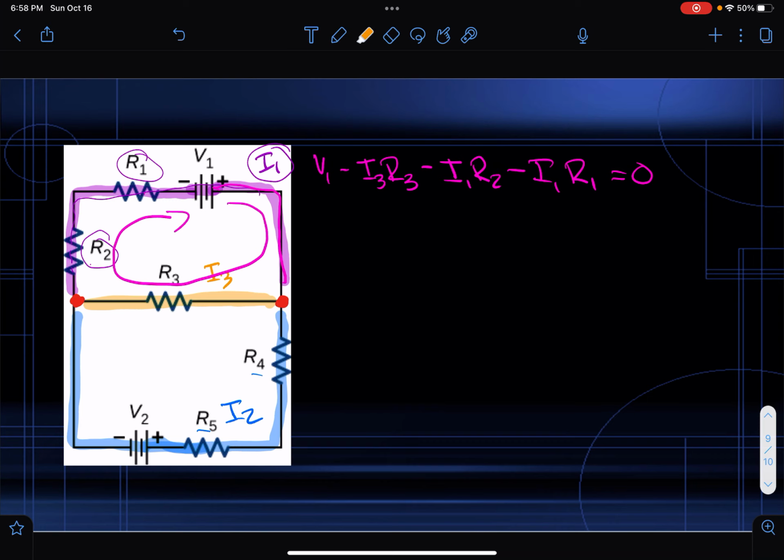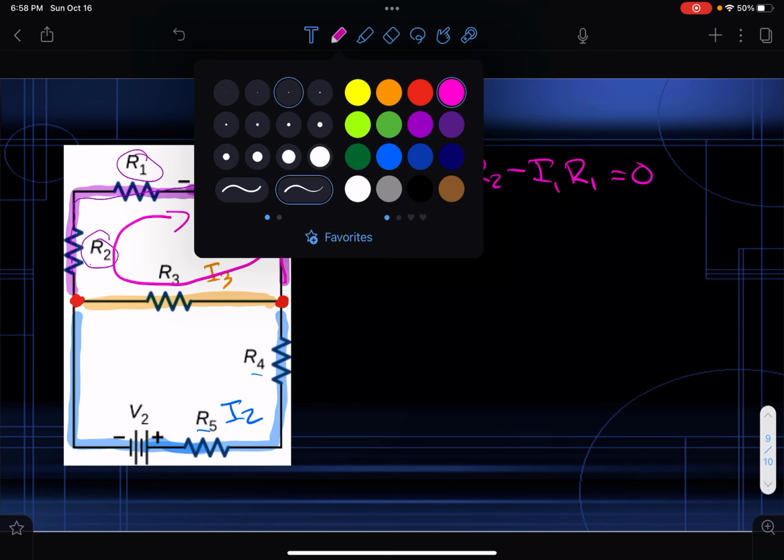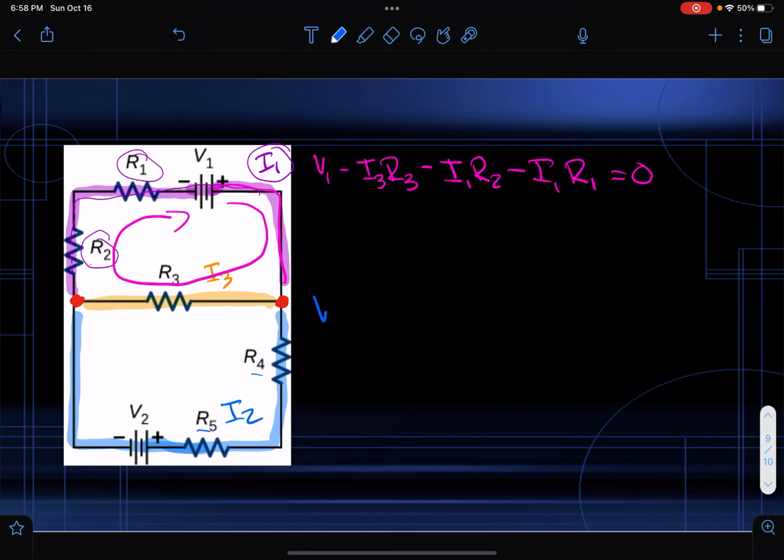All right, so now in this situation, we still have our I3 that we're going to try to put things in terms of. And so we're going to isolate these 2 guys here. To go any further, I would have to know the resistances of these, but you would simplify it that way. Okay, so same thing for my V2. V2 minus I2R5 minus I2R4 minus I3R3 is equal to 0.